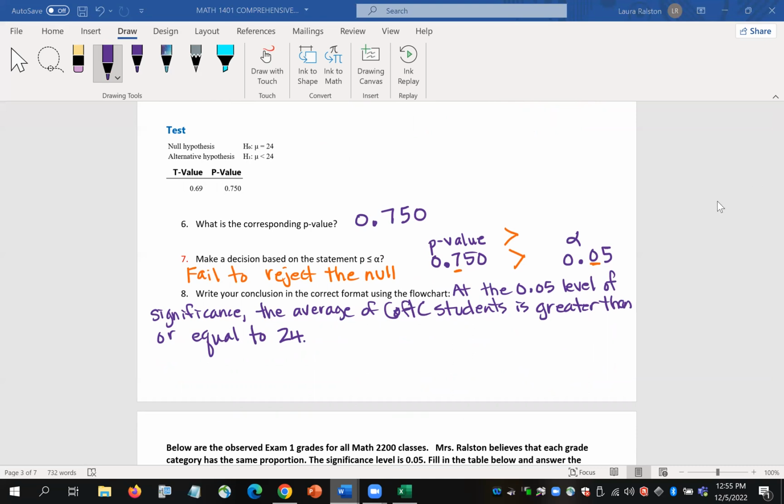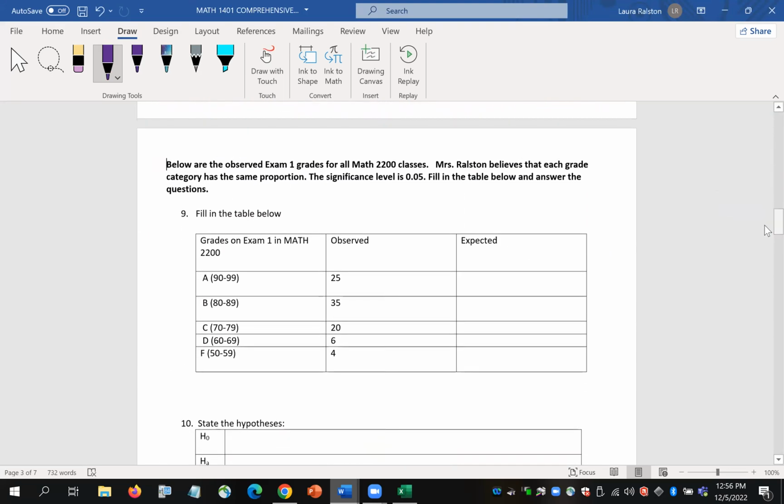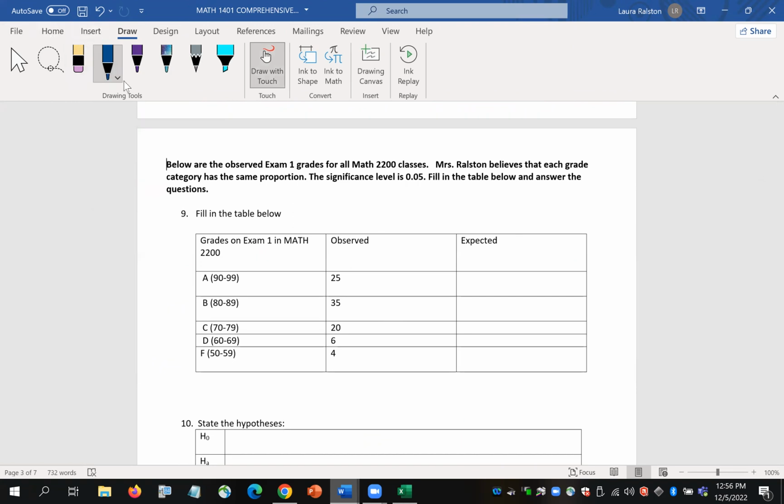All right, the second scenario or the second set of questions is related to a chi-square goodness of fit. You hopefully can recognize it as a chi-square goodness of fit because it says below are the observed exam 1 grades, and you're given the letters.